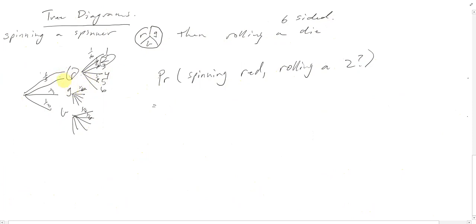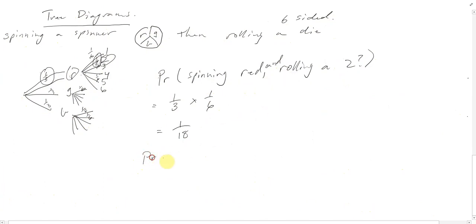A quick and easy way to work out the probability is to multiply the probabilities. So to get the red, it's a 1/3, and to get the 2, it's a 1/6. So the probability is 1/3 times 1/6, which is 1/18. So there's a 1 on 18 chance of spinning red and rolling a 2. So that's an and.